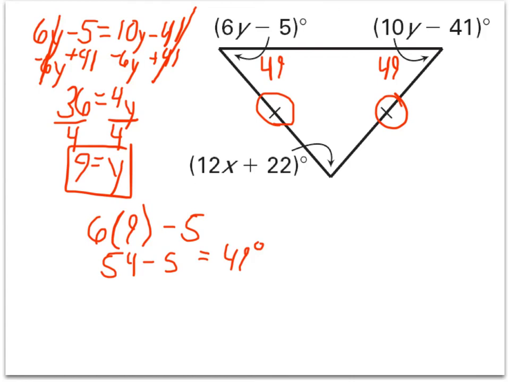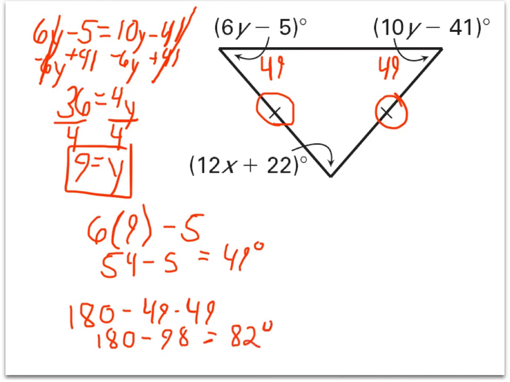Which means that this third angle would have to be 180 minus 49 minus 49. So that's 180 minus 98, which is equal to 82 degrees. Now we have that 82 degrees is the measure of this angle.